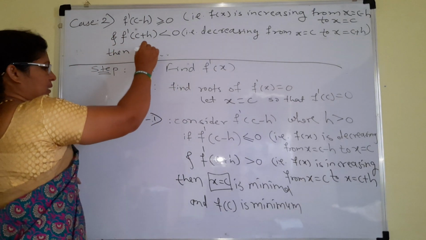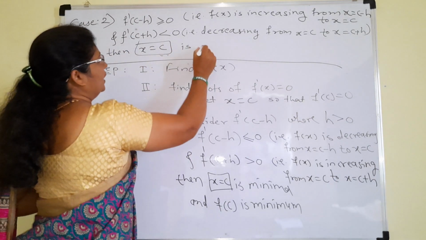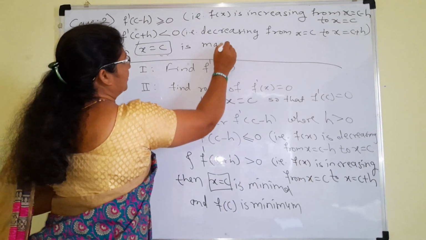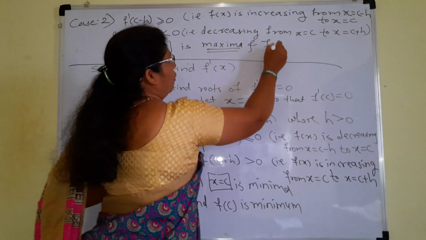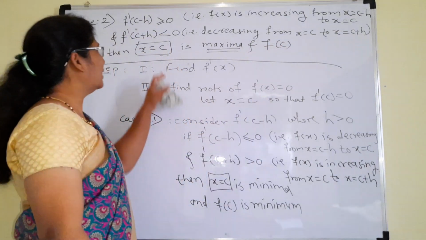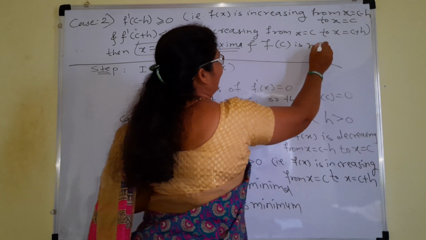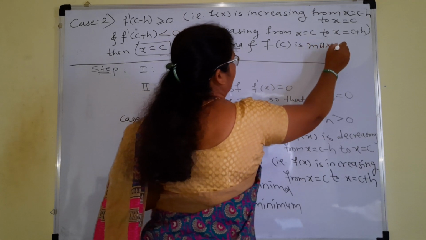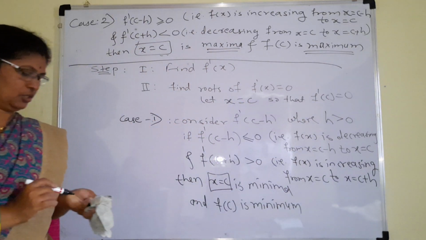Then x equal to c is maxima, and f of c, the value of the function at this point, is the maximum value of the function.